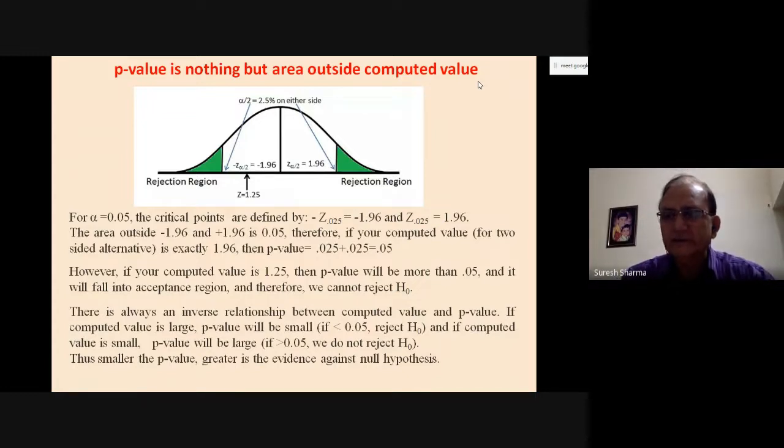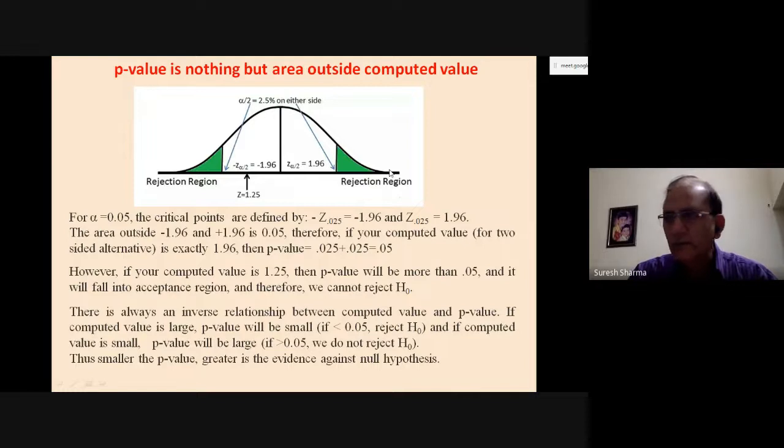So obviously this error will be distributed equally on the left hand side and on the right hand side. So if it is a 5% error, I divide this by 2. I'll take alpha by 2 on the left hand side, alpha by 2 on the right hand side, and that is this green area. Alpha by 2, 5% divided by 2, will be 2.5%. So this green area covers 2.5% on this side and 2.5% on this side.